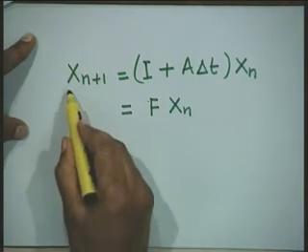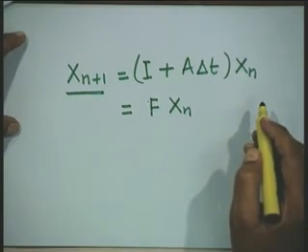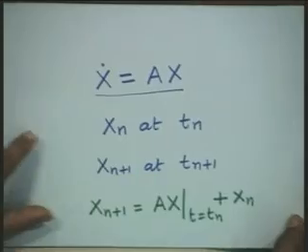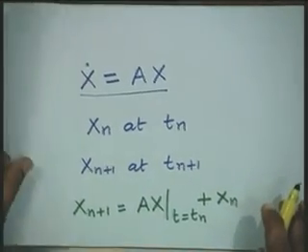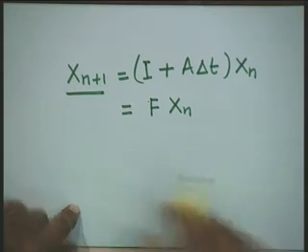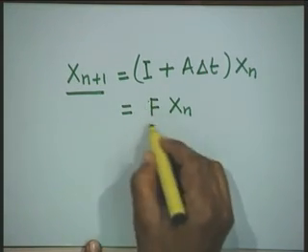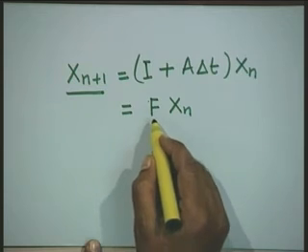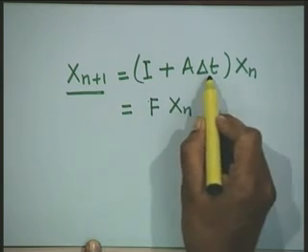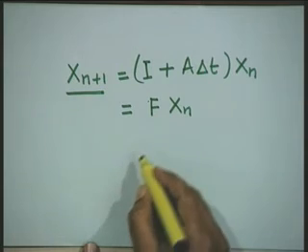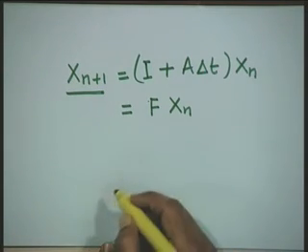This represents the discrete form of the differential equation x dot equal to A x. Now, for the system to be stable, the eigenvalues of matrix F, not A, which is equal to I plus A delta t, must lie in a unit circle.